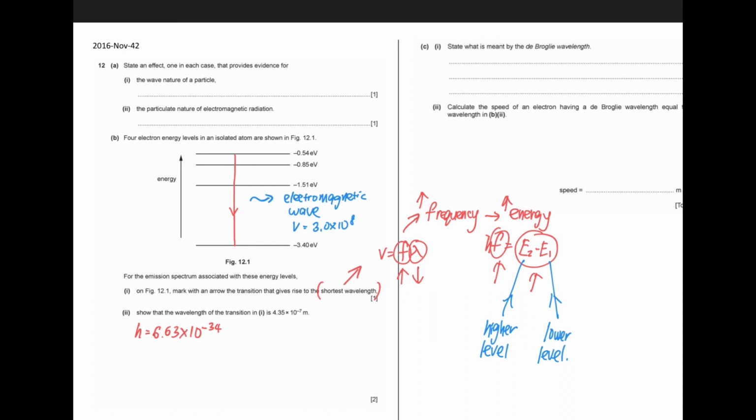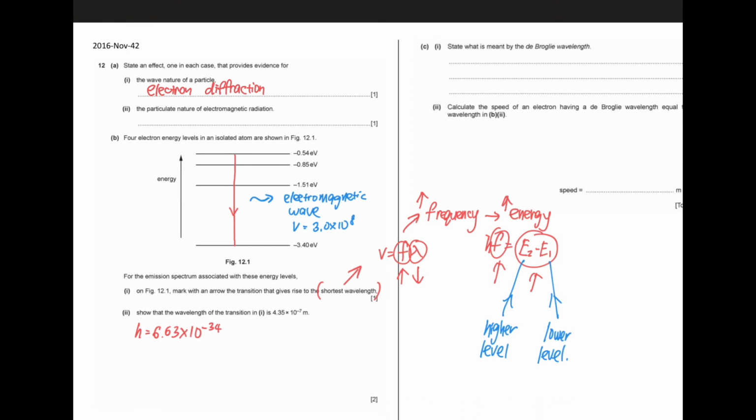So electron is the particle, diffraction is the wave nature. So we can say that this is electron diffraction.